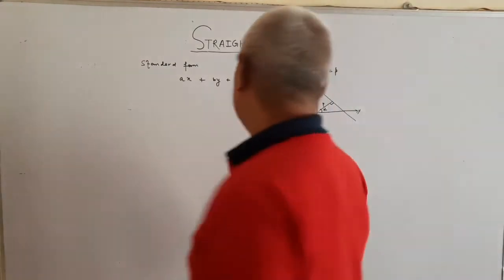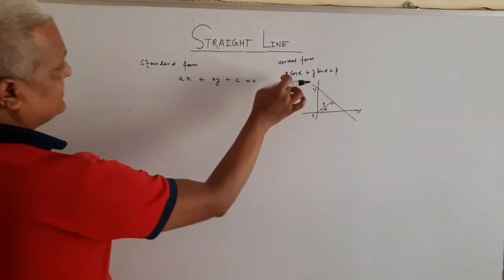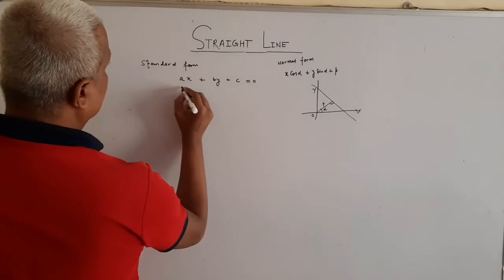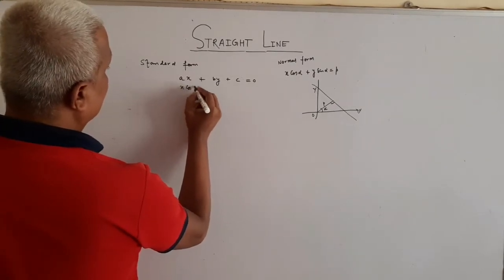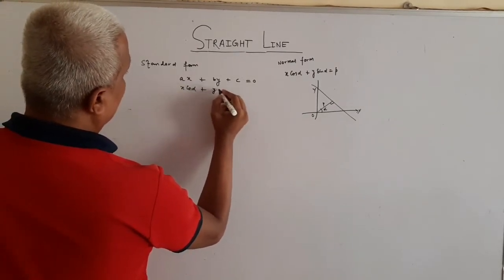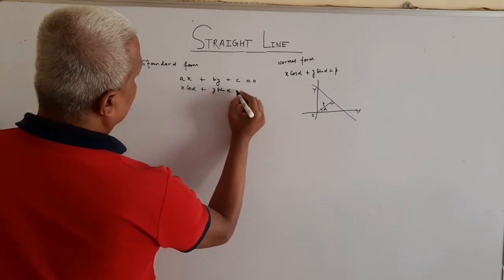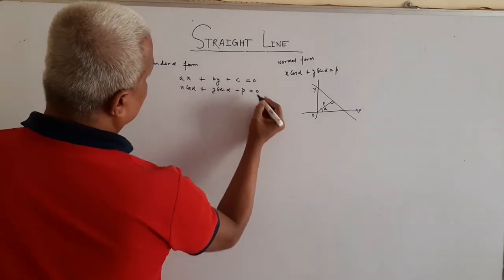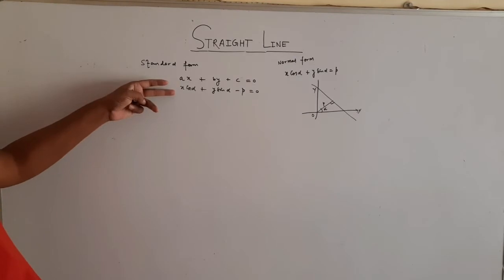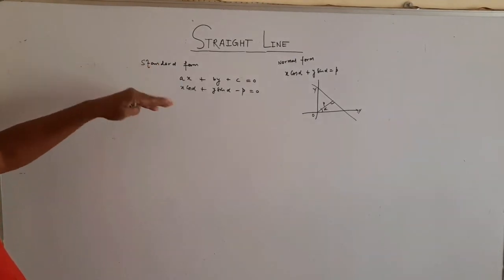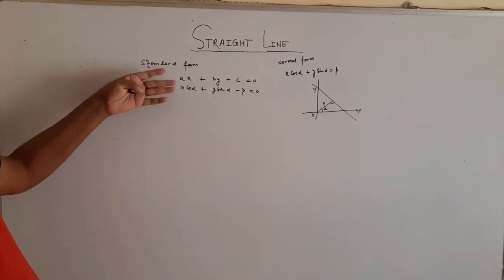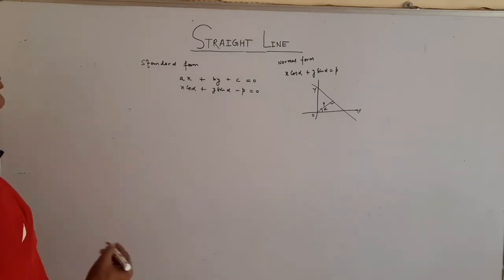So the idea goes very simple. Suppose this normal form is this, so here I write x cos alpha plus y sin alpha minus p is 0. If these two lines represent the same thing, their coefficients should be in the same proportion.